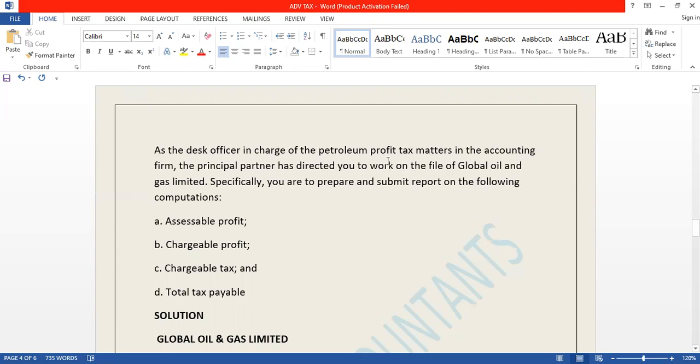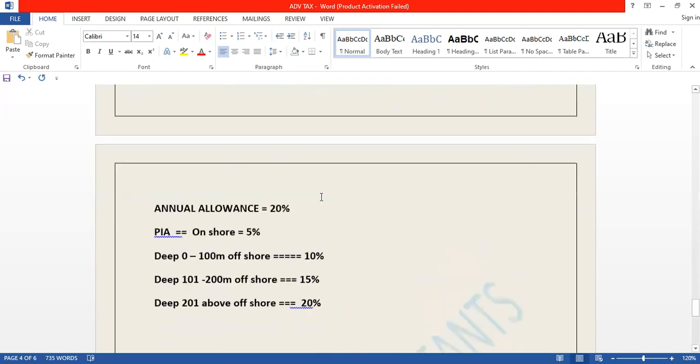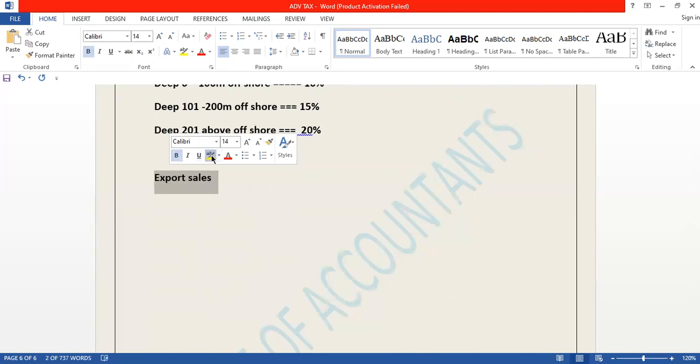I think we are yet to get our export sales. We have gotten every other aspect except the export sales. So let's call this one another note, export sales. Now, to get our export sales, we need the higher of these two things we want to calculate.